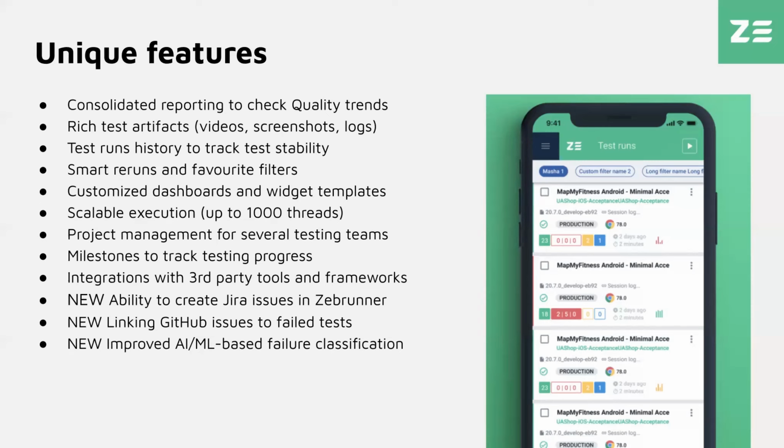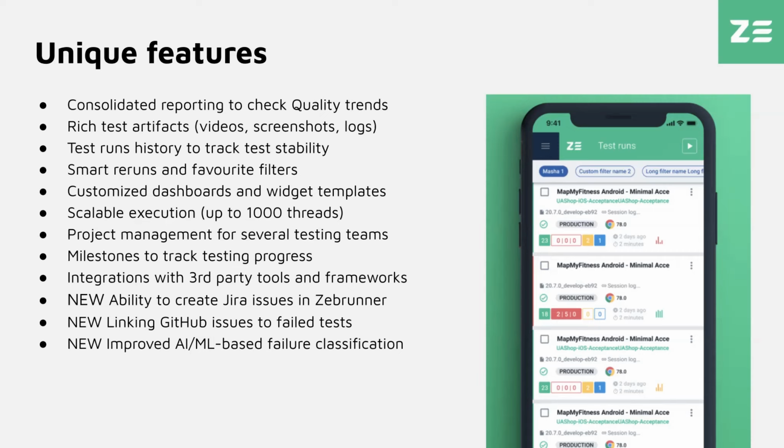Recently, we released the feature that allows you to create JIRA issues right from Zebrunner. So as soon as you detect a failure in your Zebrunner workspace, you can submit a JIRA issue of any kind to JIRA, and it will be automatically updated and linked with the same task.